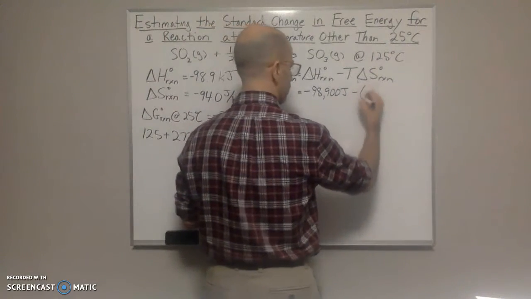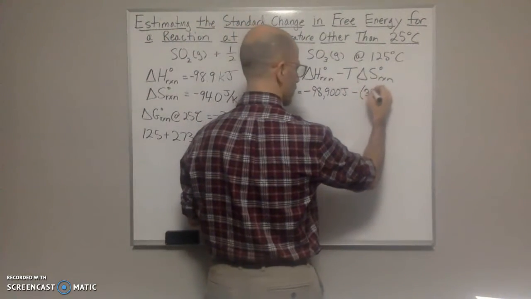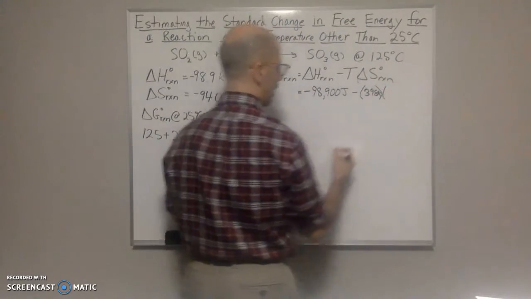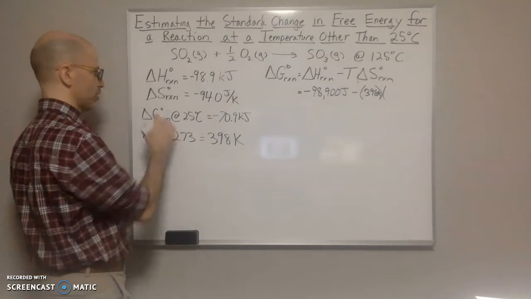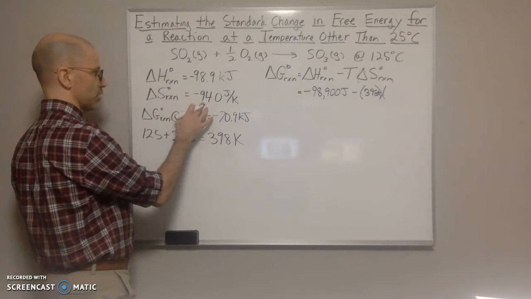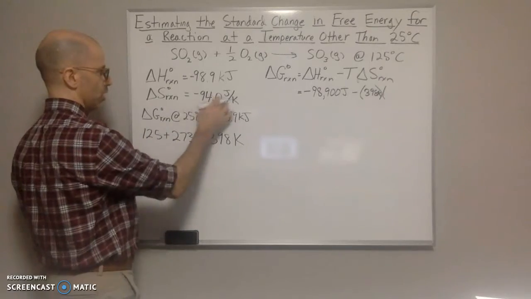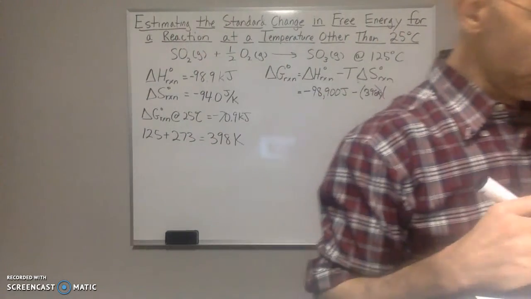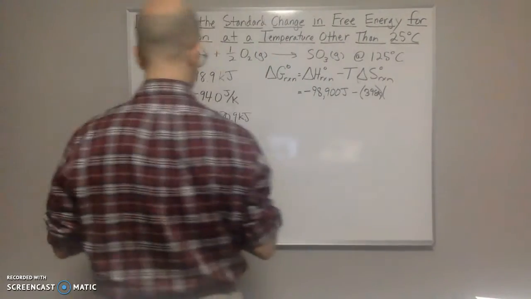And then minus, and then the temperature is 398. So 398 Kelvin times the standard entropy change of the reaction, which is going to be negative 94 joules per Kelvin. Let me double check to make sure that is correct. Negative 94. Yes, that is correct.